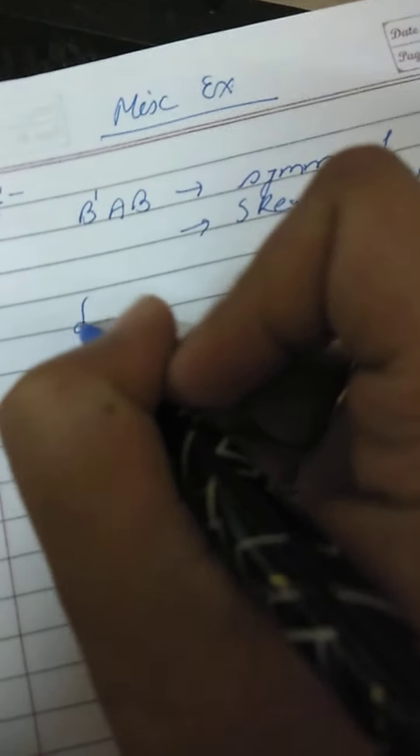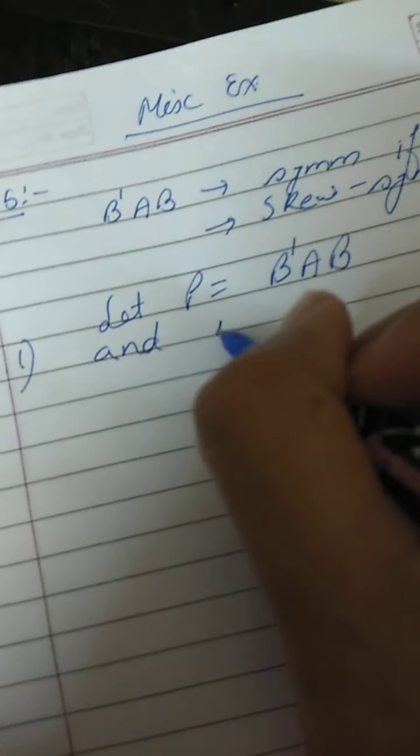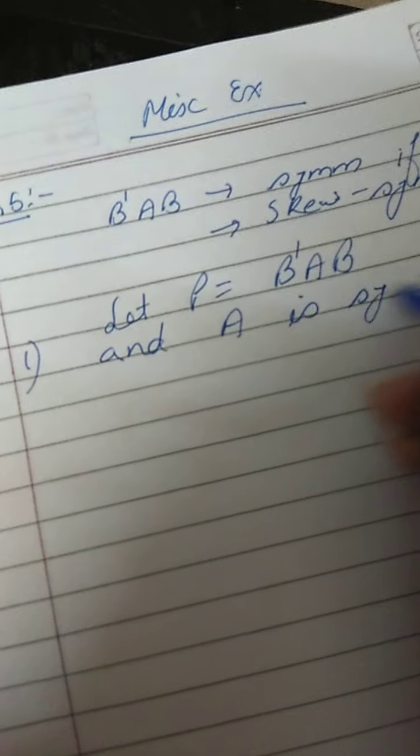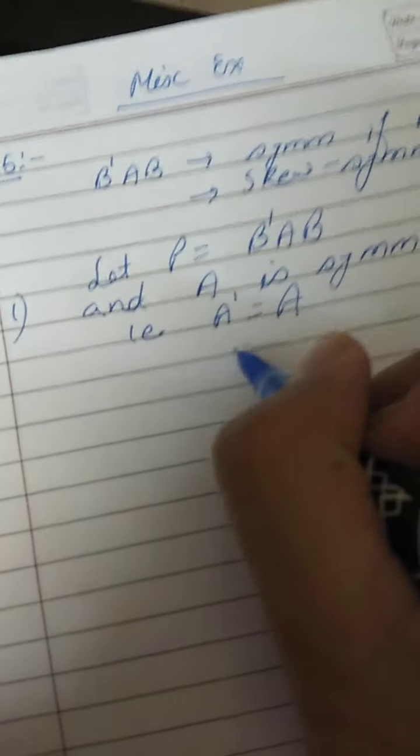Since we have to prove this thing as symmetric or skew symmetric, we will take let P is equal to B dash AB, and what is given, first part we will take A is symmetric. If A is symmetric, what does it mean? A transpose is equal to A, right? This thing we have, and we have to prove that B transpose AB, which means P, is also symmetric, right?